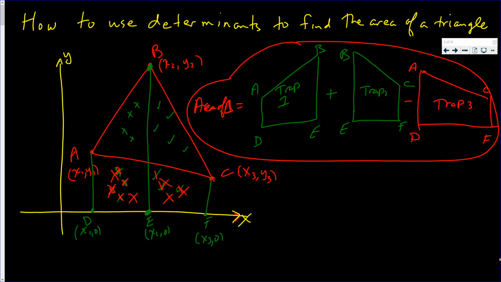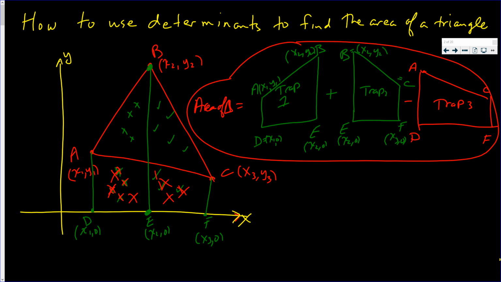Remember, this point is x1, 0. This is x2, 0, x3, 0. A is x1, y1. Point B is x2, y2. Point B is still x2, y2.